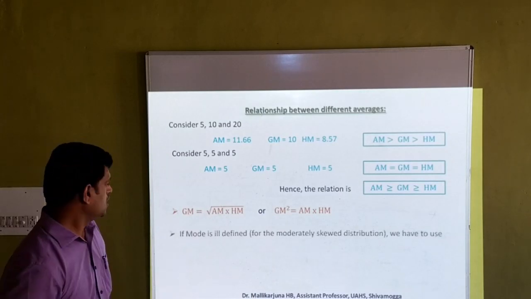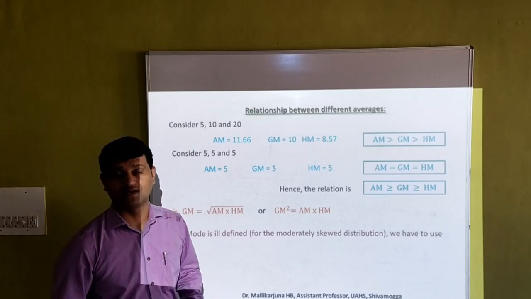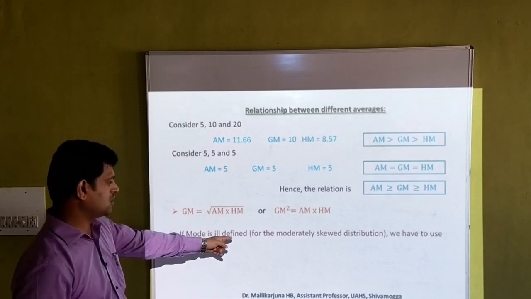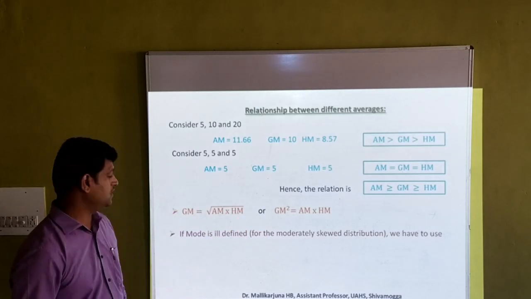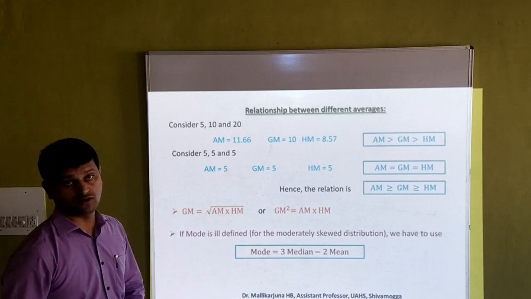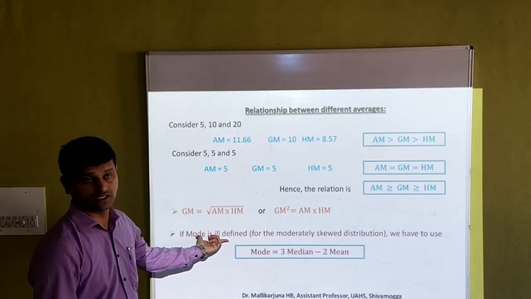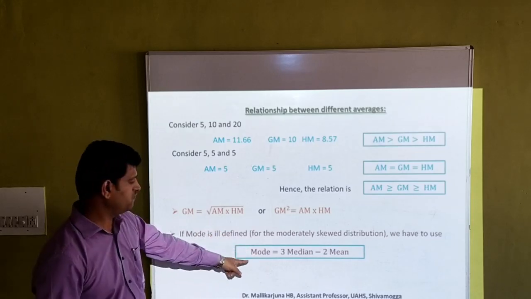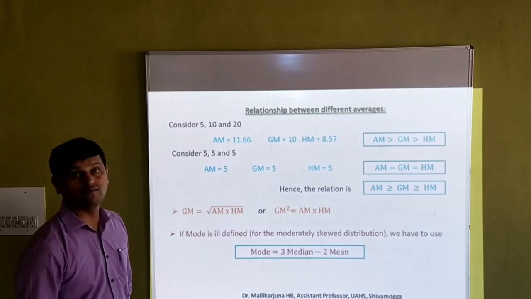The next is, if mode is ill-defined, meaning the bimodal case or trimodal case, these cases are nothing but for a moderately skewed distribution. In this way also we can say mode is ill-defined. In this situation, we have to use this formula to find out mode. If you want to calculate mode, we have to find out median and mean and substitute, then get the mode value.